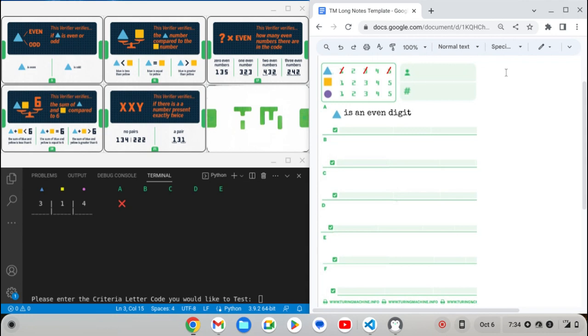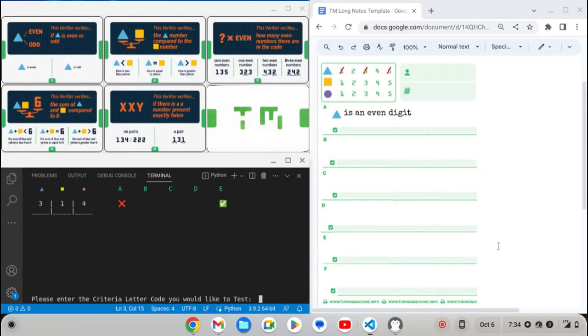The next thing I think I'd like to test is criteria card E. Okay, so the Turing machine does approve of my proposal. Notice that in my proposal of 314, all the digits are distinct. They're all unique. So that falls under the no pairs scenario. So that's what we have.